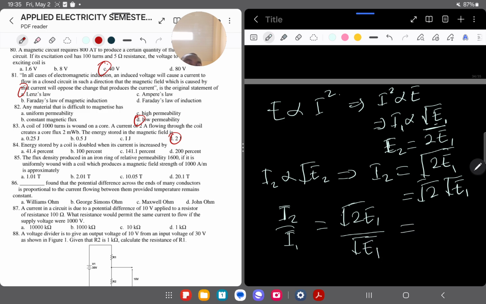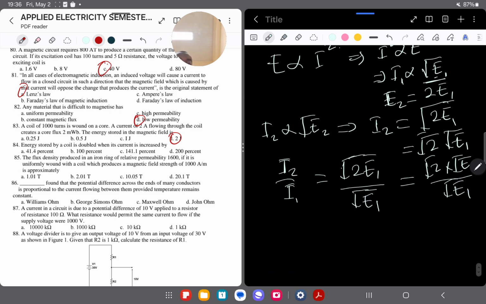With this, the root E1 will cancel, so I have root 2 here. Then you multiply by 100, because it's percentage.